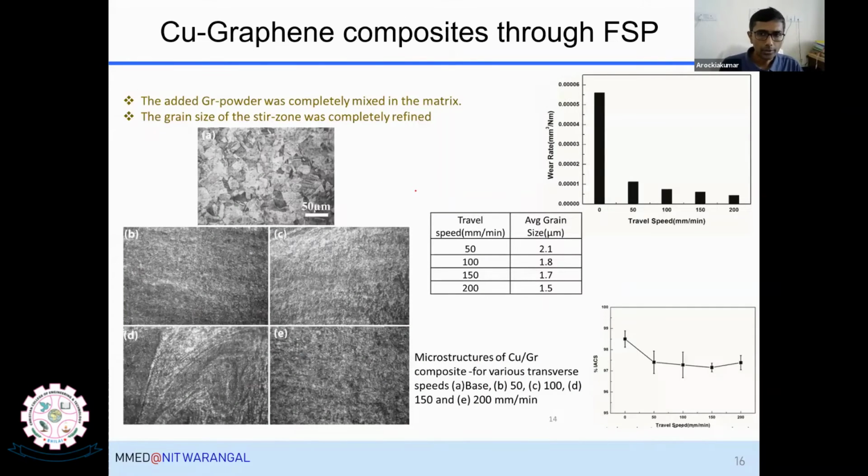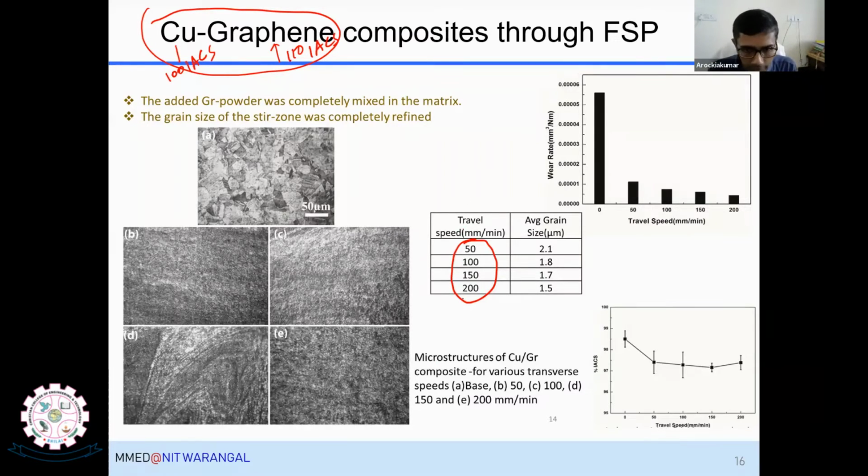So the very first one is the copper graphene composite. As I told you already, copper has an electrical conductivity of 100% IACS and graphene is 110 IACS. By incorporating graphene into the material, we incorporated it by changing the travel speed and keeping the rotational speed constant.